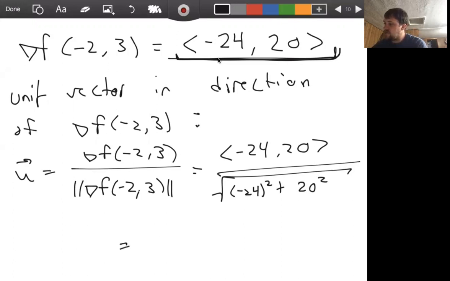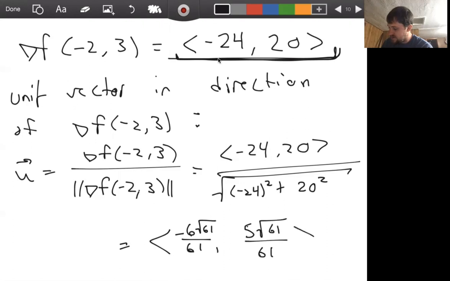And I'll just skip some simplification here. What you end up getting, you can use a calculator and then distribute, is negative 6 root 61 over 61, comma 5 root 61 over 61.